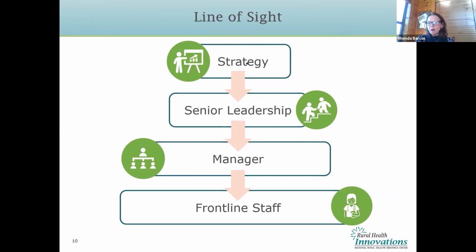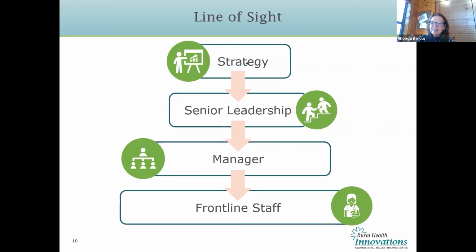So for instance, for population health, it sounds like a lot of you probably have already engaged senior leadership. And my hope is that they are certainly on board and they understand the importance of partnering with you in this project. But then the front level managers need to know exactly what is my part as a manager and how do I impact population health.